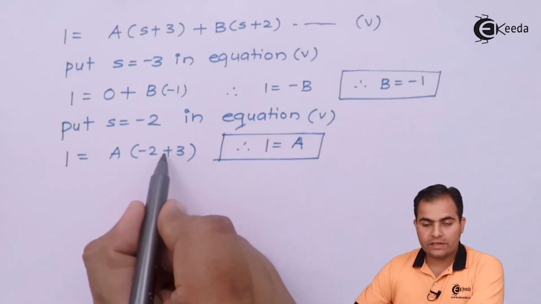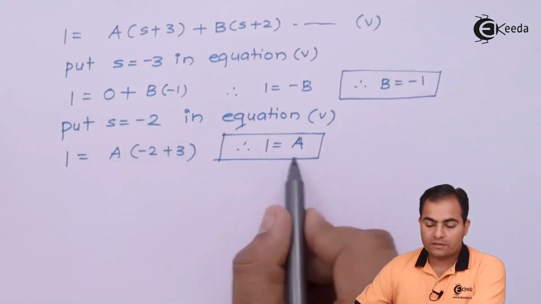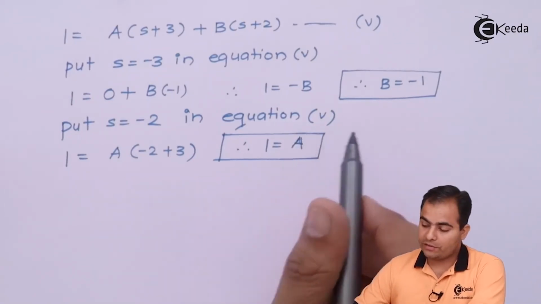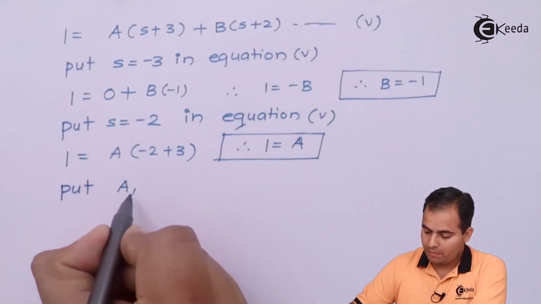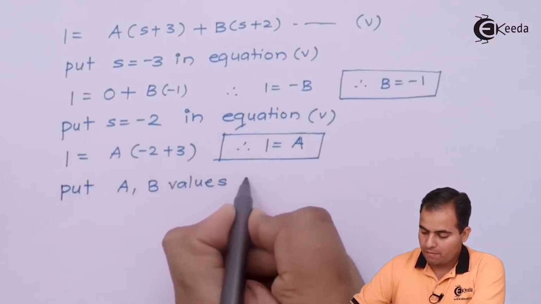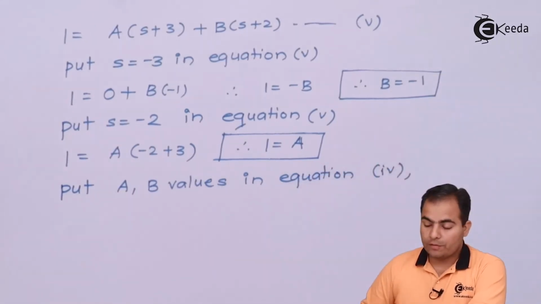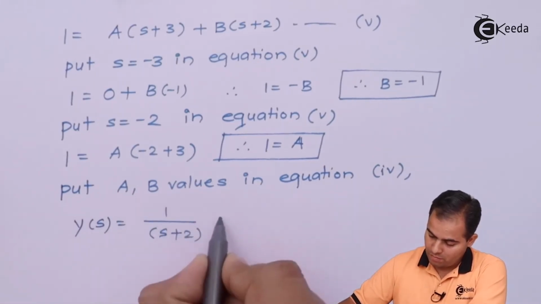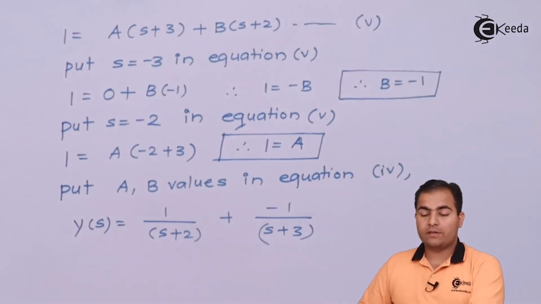So 3 minus 2 is 1, so a into 1 becomes a, so we have a value which is 1. Now substitute all the values of a and b in my equation number 4. What you will get? This is my equation.